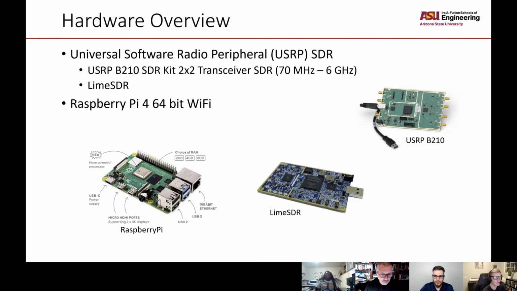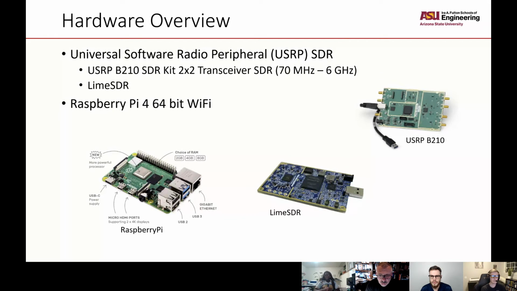Keith Finch here with a hardware overview. For our project, we're using two different software-defined radios, a USRP B210 and a Lime SDR. We're using two different ones to avoid introducing any bias into our data and to also simulate a more real-world use case.